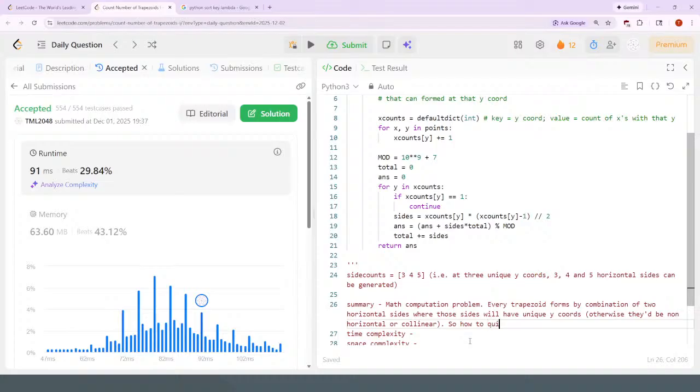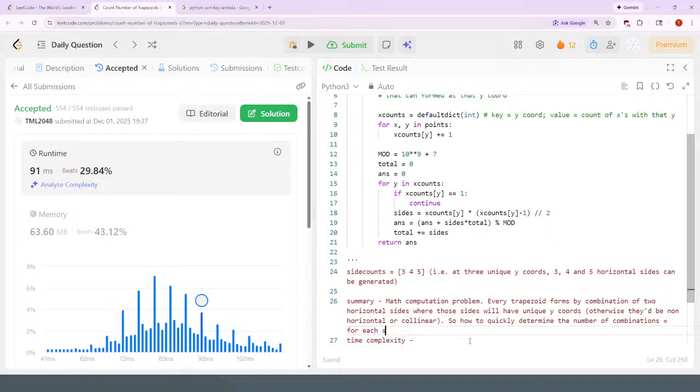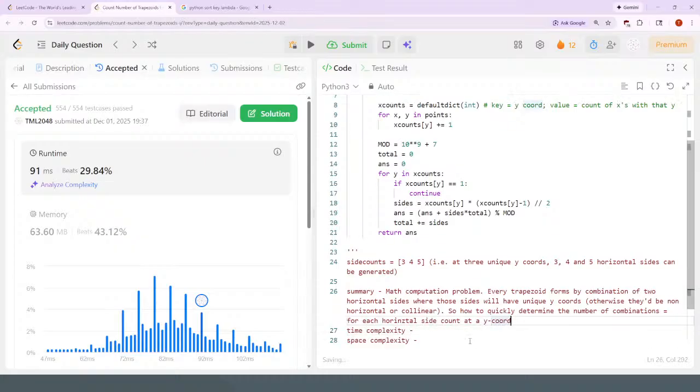So how to quickly determine the number of combinations, which would be equal to, for each horizontal side count at a y coordinate, pair that with the horizontal side count at a different y coordinate.